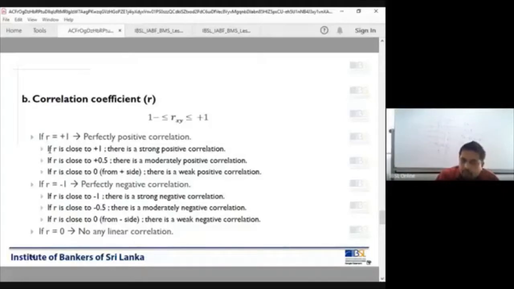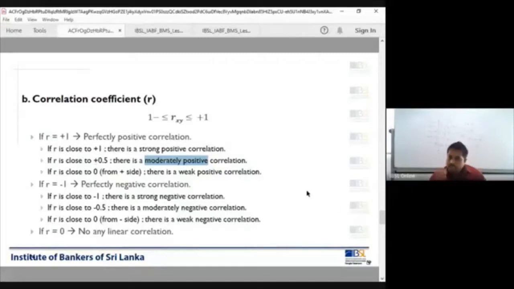This is also important to note. If R is close to +1, there is a strong positive correlation. If R is close to plus 0.5, we could recognize this instance as a moderately positive correlation. In our graphs of scattergrams, the middle one, moderate relationships, is evident when R is close to plus 0.5.